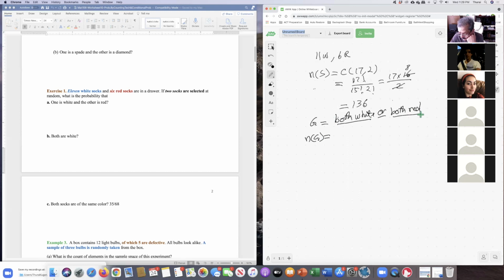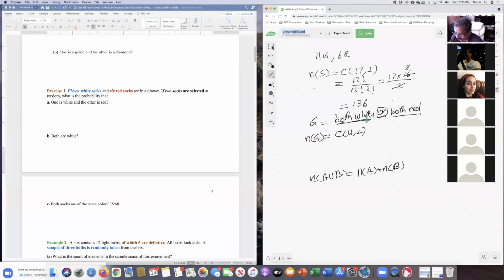And so count of both white is C(11,2) whites. And OR corresponds to union, so therefore plus. Remember, count of A union B is count of A plus count of B minus count of A intersection B. But these are mutually exclusive.